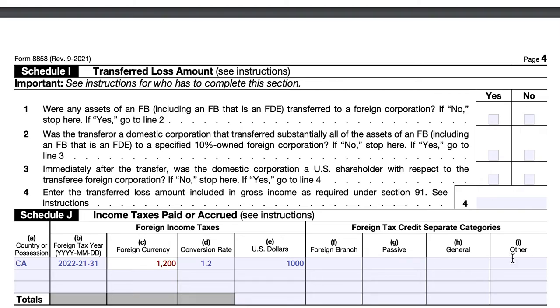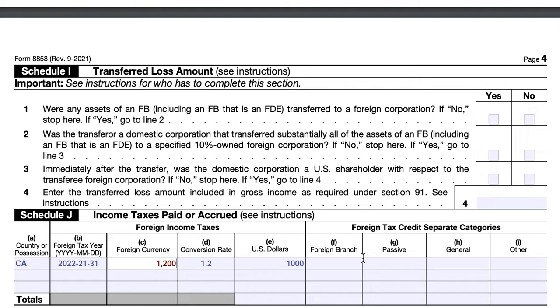So, and then in columns F through I, you would enter the amount by separate category of income. So you can have everything that falls into a general category of income, for example. You can have different categories of income based on whether it's a tax refund, whether it's a dividend, whether it's a capital gain.